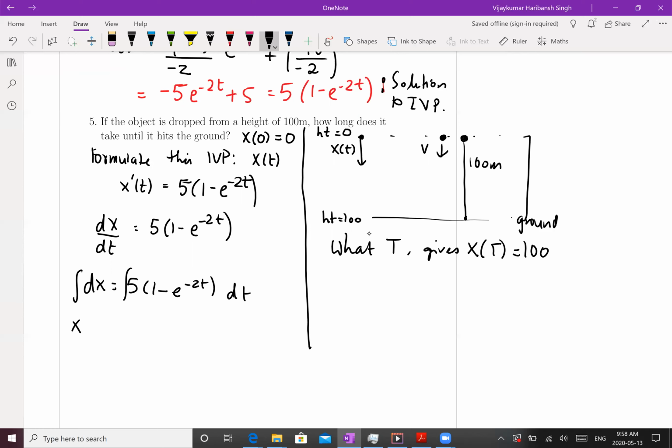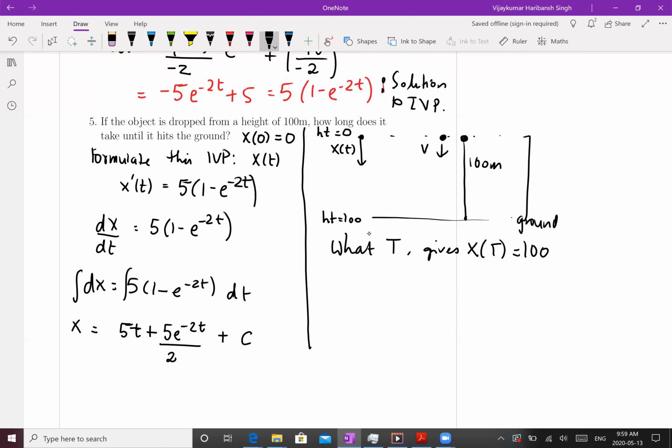So you get x equals 5t minus 5 times the integral of e to the power minus 2t, which is e to the power minus 2t divided by minus 2. That minus 2 will make this a plus. And then plus a constant c. This constant c is very important.